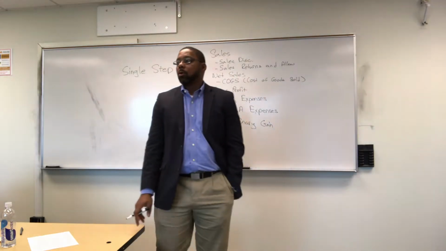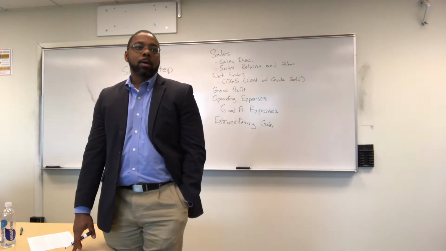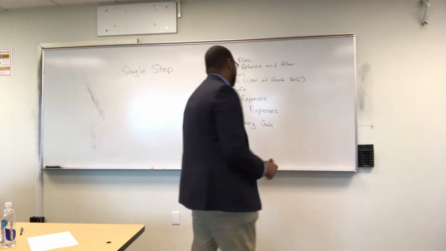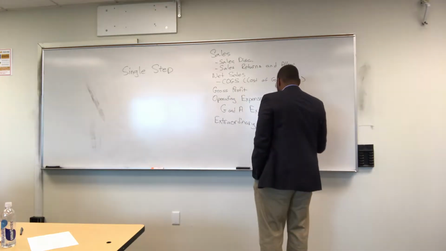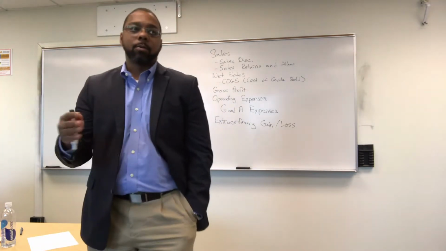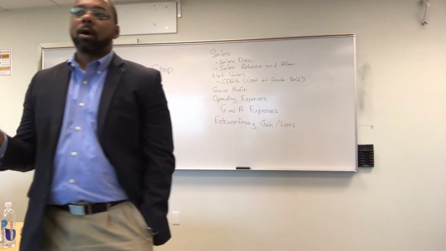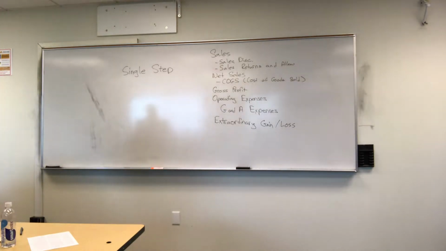Maybe you sell a building for a gain. That's extraordinary gain. There's also extraordinary loss, and those are one-time loss events. Maybe you have a building that was caught in the recent floods in North Carolina, and that's just a one-time loss. Everyone with me?